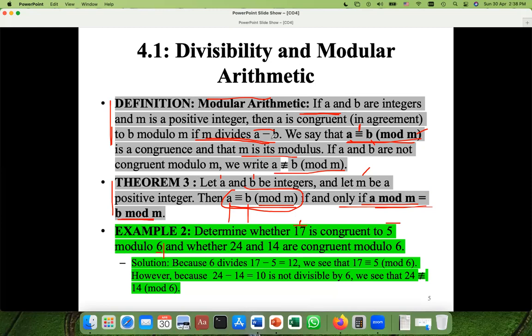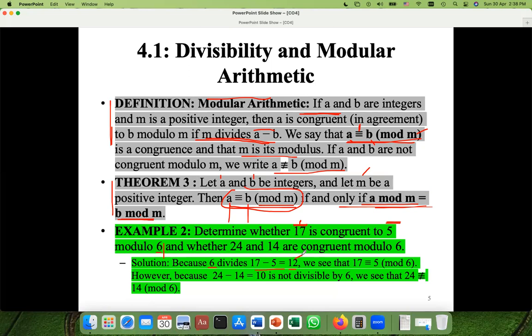So M divides A minus B. Okay, then 17 is A and 5 is B, so 17 minus 5, what do you get? 12. So this is A minus B, 12. And then you have to divide it by 6, which is M. It is divisible. 6 multiplied 2 times gives 12. It divides completely with 0 remainder.